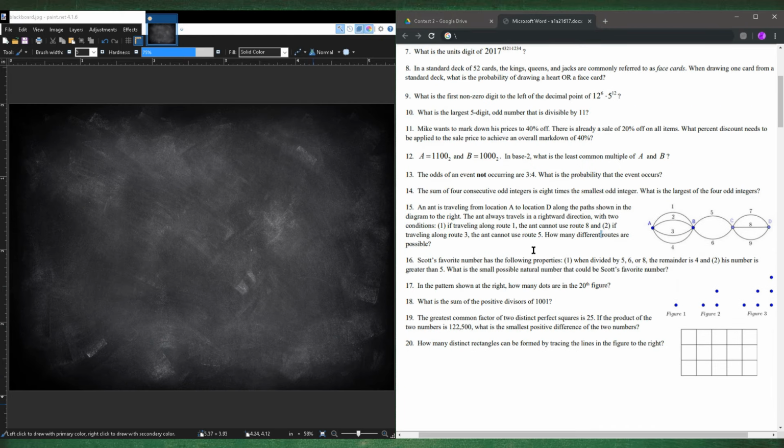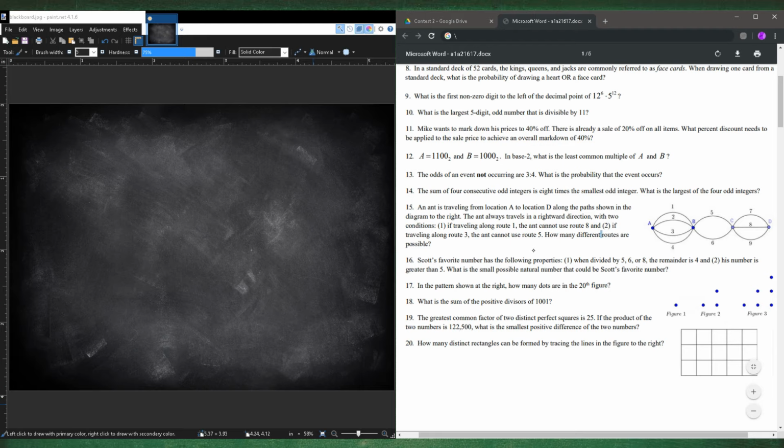Okay, number 15. An ant is traveling from A to D along the path shown in the diagram. The ant travels in a rightward direction with 2 conditions. One, if traveling along route 1, the ant cannot use route 8. And two, if it's traveling along route 3, it cannot use route 5. How many different routes are possible?